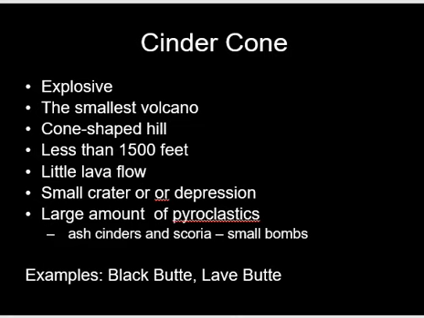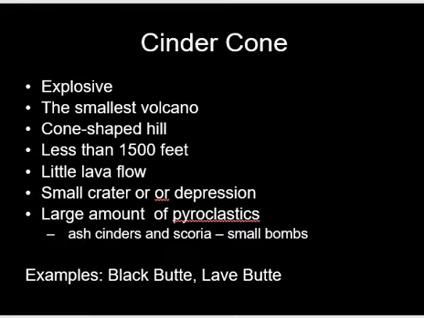So we'll start with the smallest feature, which is a cinder cone. And these tend to be explosive, although they're pretty small, so their explosions are not devastating. But they're these perfectly shaped little volcanic hills. They're typically less than 1,500 feet high. And so that's one of the clues. If you have a cone-shaped mountain that is only 1,200 feet in relief, so we're talking about from the top of the cone to the base of the cone, that's probably a cinder cone.